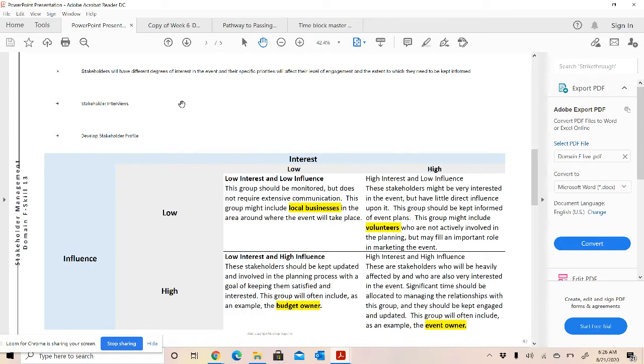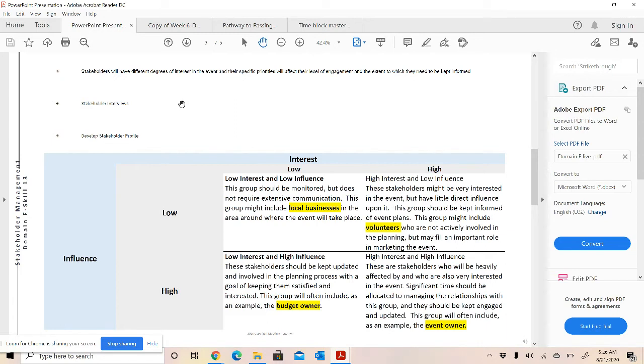And then after the interviews, you want to create stakeholder profiles based on those interviews, and keep them for history and moving forward. And then obviously the stakeholders who have the greatest influence on the success of the event, those are the ones that you want to interview and keep informed throughout the whole event life cycle.